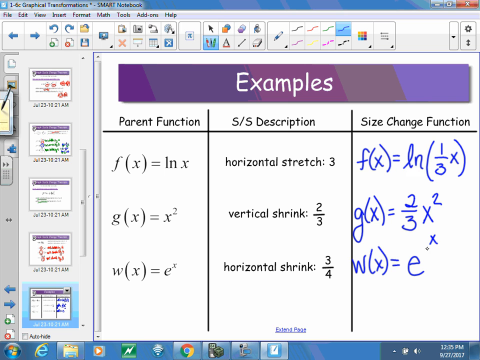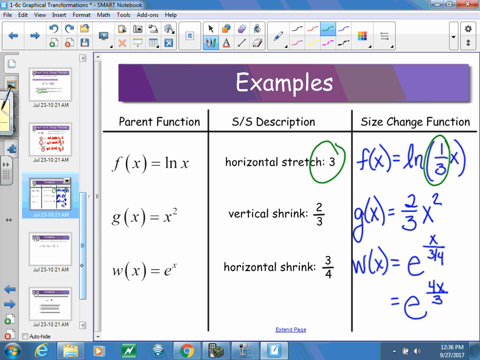Now, how you want to deal with fractions, many of you are going to know that it's really going to be the reciprocal, or we can do here x divided by 3/4, which when you divide by a fraction, we multiply by the reciprocal, so that'd be e to the power of 4x over 3. Just the same thing, like here you had 3, well now here it's 1 over 3. 1 over 3/4 is going to end up giving us 4/3. Alright, so there we have everything.